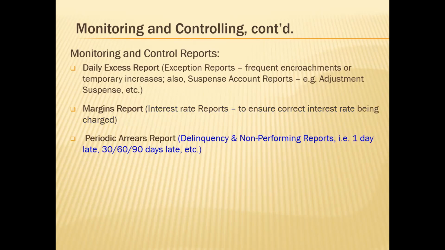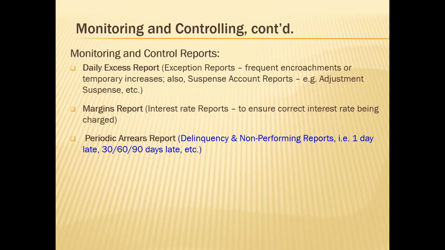Then, of course, this is where it comes to delinquency control, which is the next chapter we'll be looking at. We may get to that tonight, chapter 11, but your periodic arrears report will show your accounts that are delinquent, and then those that are non-performing.